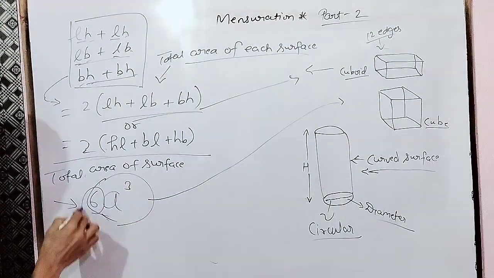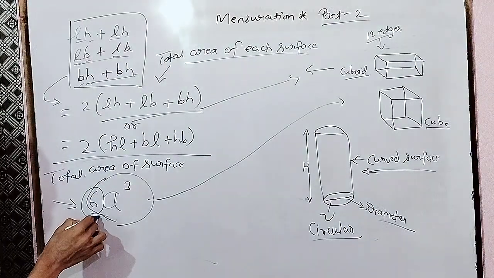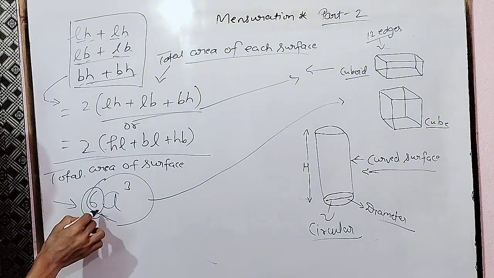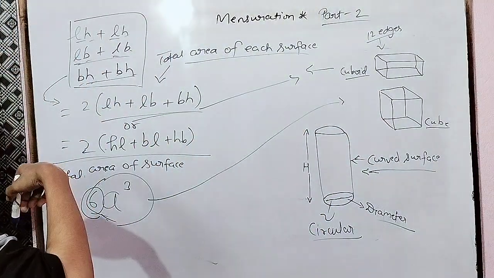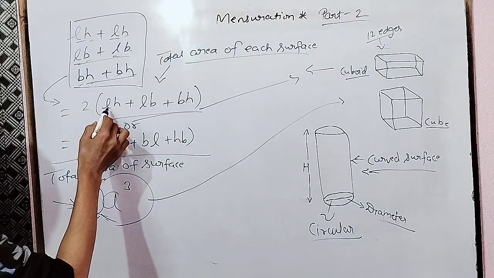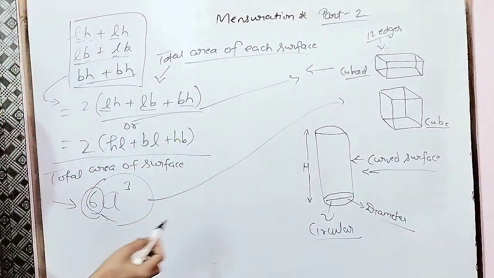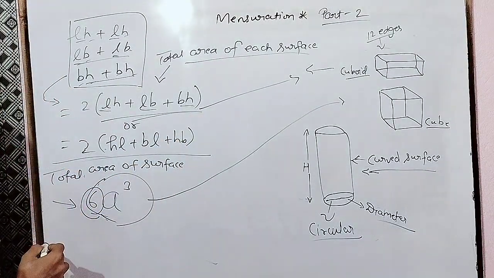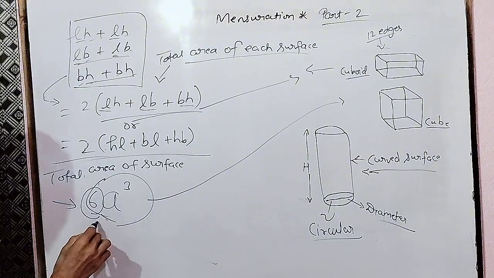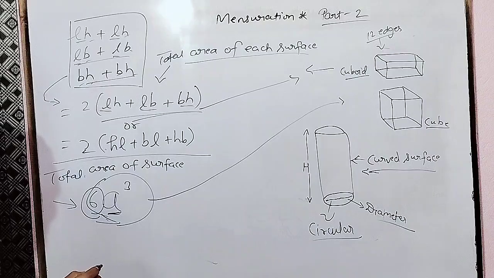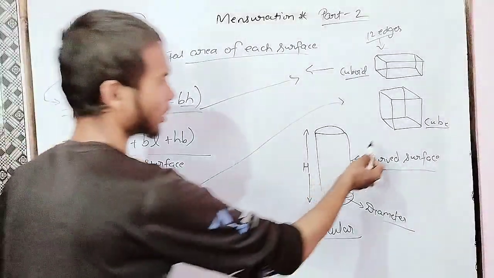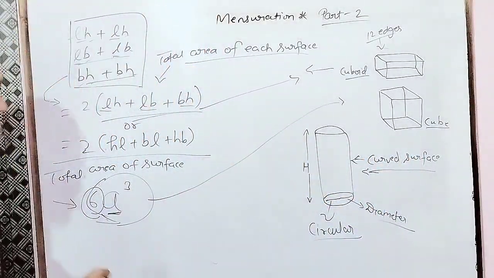That's why we have 6 surfaces, 6 faces. So 2 to 4 to 6, then we will add together. Here similarly we have 6 faces, and there are 3 measures: breadth, length, height.